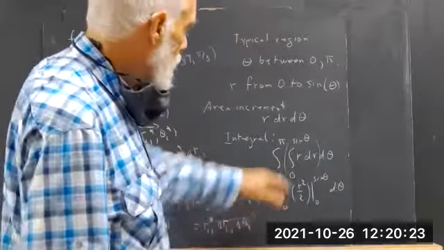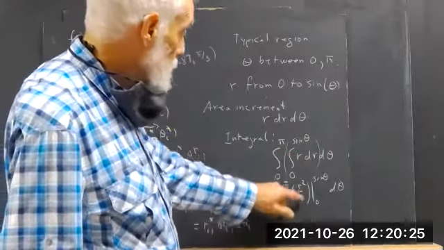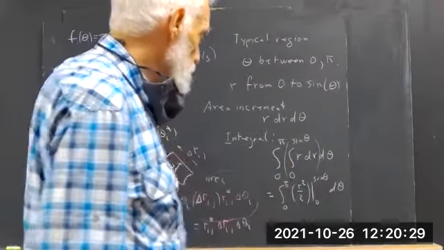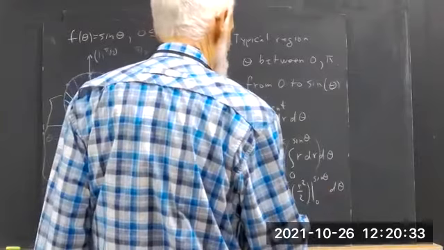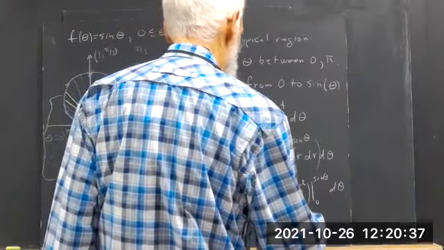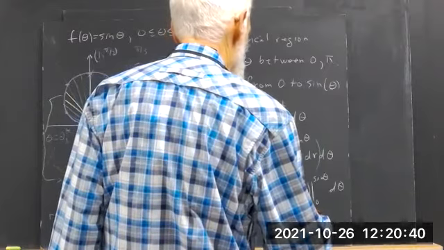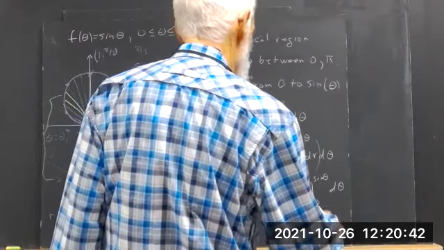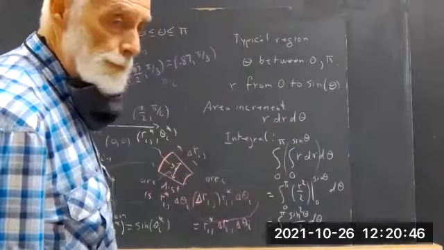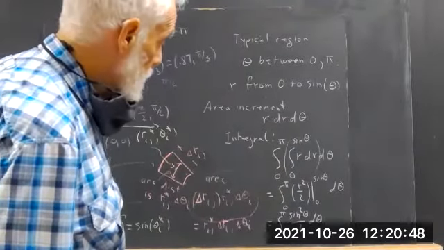It's very straightforward to integrate r dr. The antiderivative of r with respect to r is r squared over 2. And then that's evaluated between 0 and sine theta. And that gives us what I just said, sine squared theta over 2 d theta. Okay.